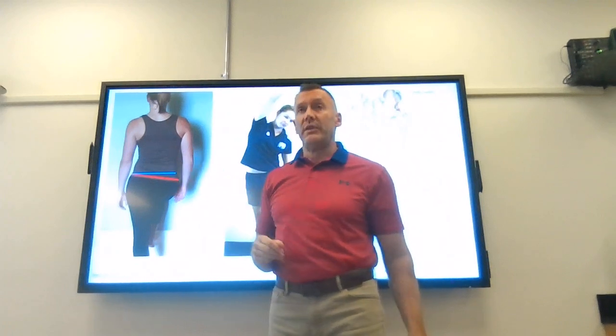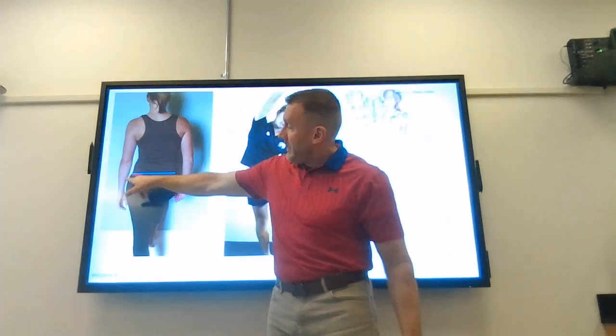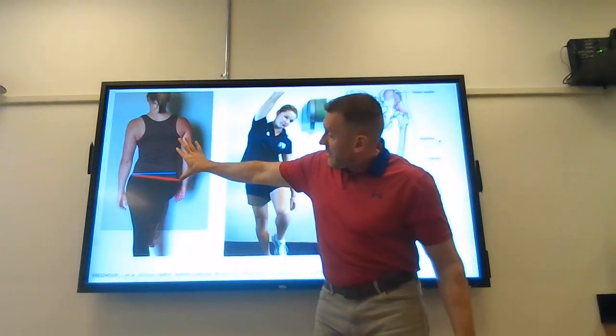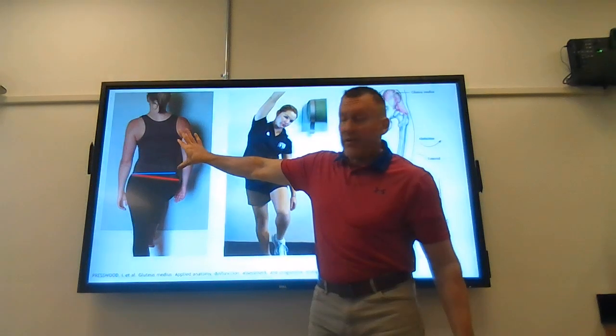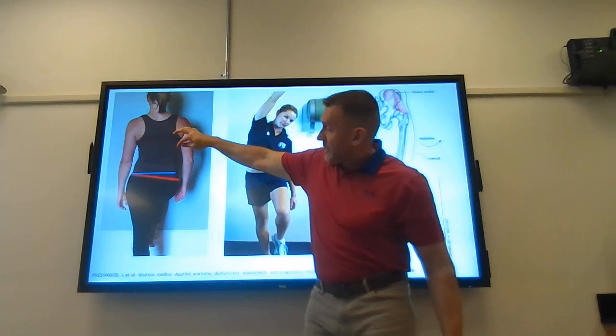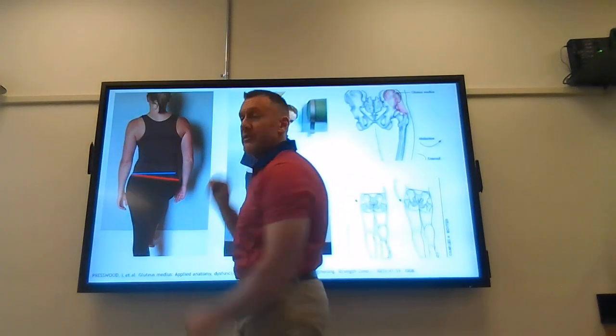Remember, gluteus medius, from the Presswood article. So gluteus medius is on this side, and you've got obliques and quadratus lumborum on this side that are pulling up. That creates this force couple that keeps the pelvis level.